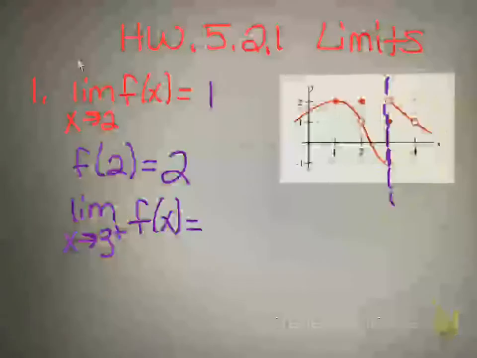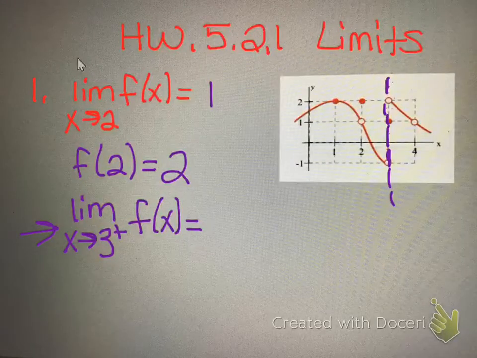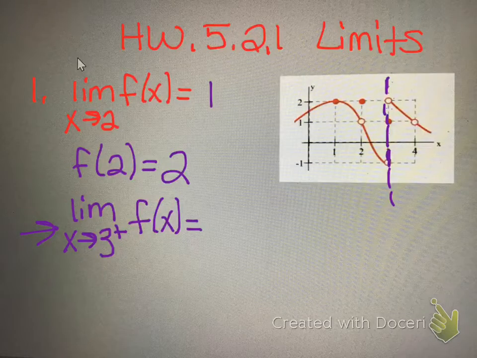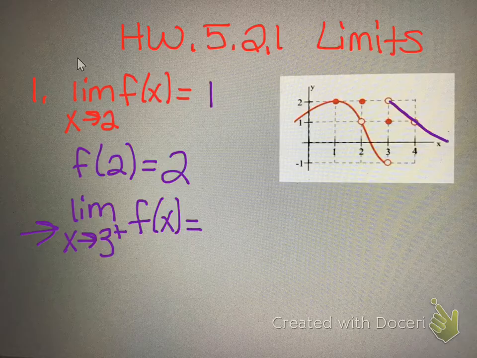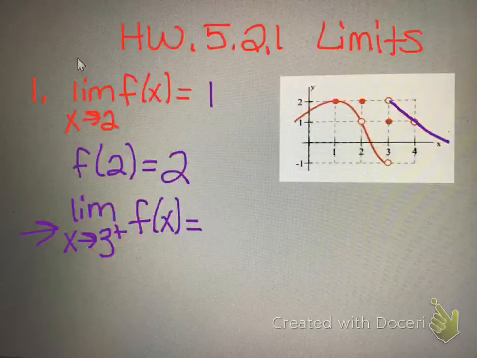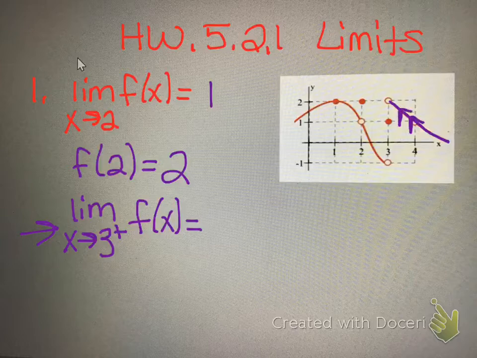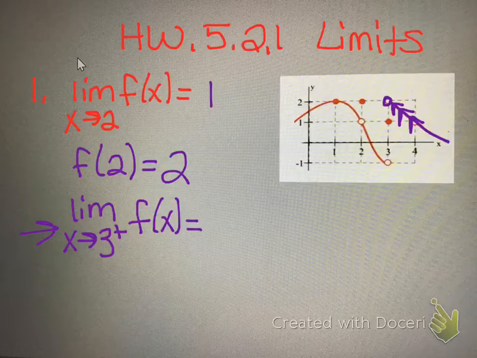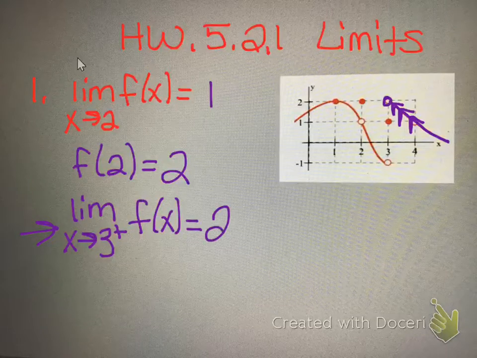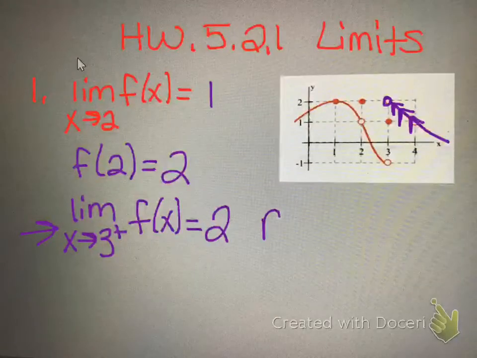This is saying go to the right of 3, turn around and head back towards 3. So I go to the right of 3. That puts me on this section of the graph right there. And I turn around and I head back towards 3. As I do that, I am getting close to this y value right there, which is 2. This is what we call a right-hand limit.